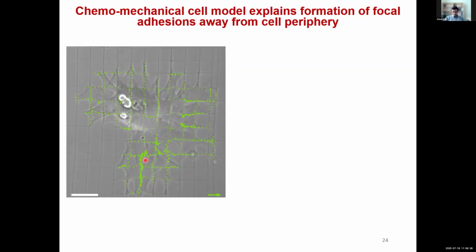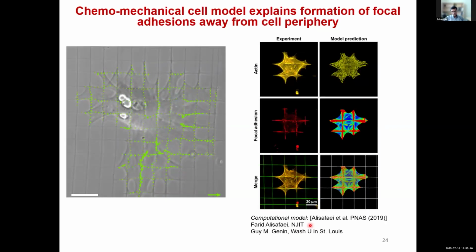So with the help of a chemomechanical cell model developed by Farid Ali Safi at NJIT and Guy Jenin, we are able to show that, okay, in experiments, we see that on fibers, the focal adhesions are appearing throughout the cell region.